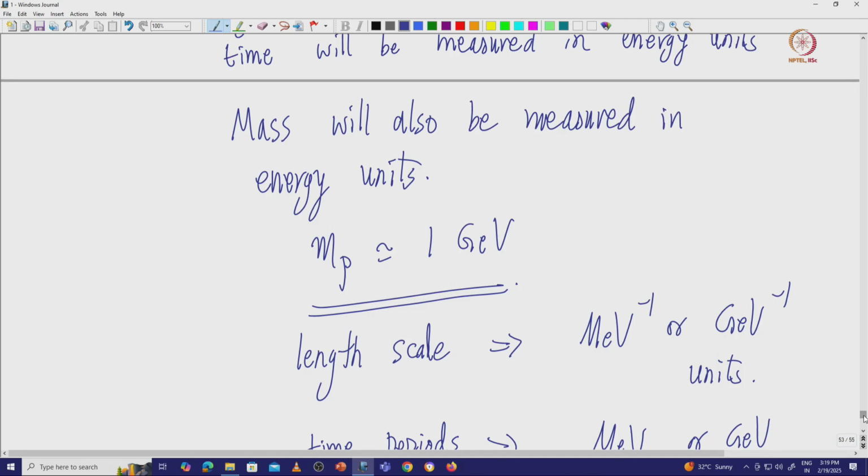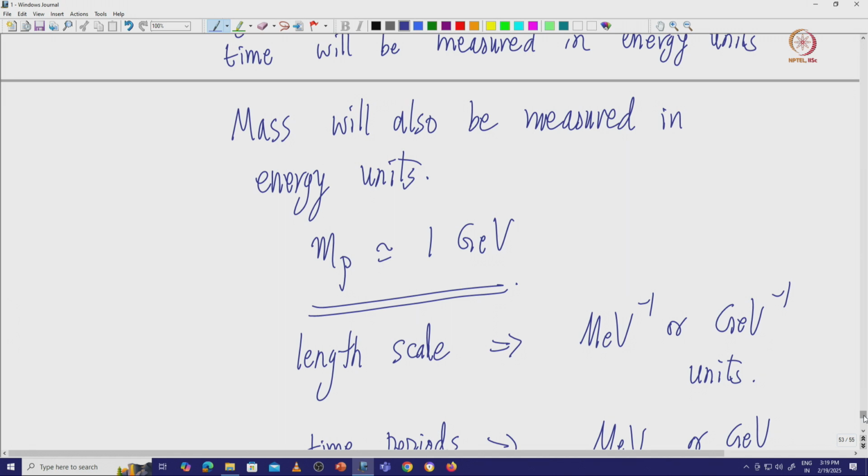Now, I will not be using natural units all through; there will be some places where I need the h cross and c, for example. In those cases I will tell you where I am putting them in explicitly, and what happens when I do not put them in, in the case of natural units.